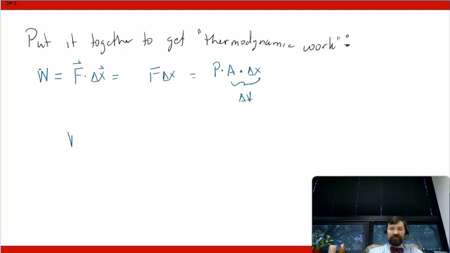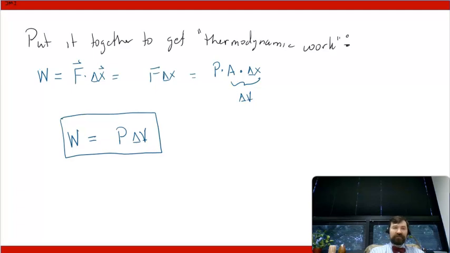Put everything together and you get work is equal to pressure times change in volume. And that's our basic thermodynamic work equation.